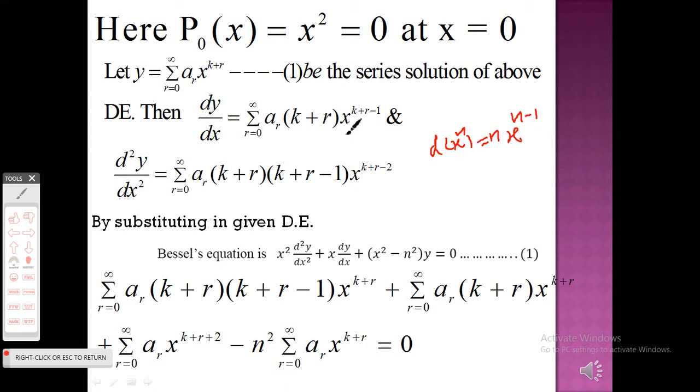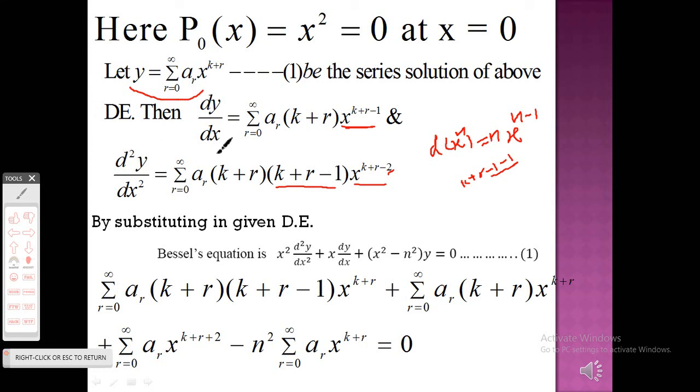So here, x to the power k plus r minus 1 gives k plus r minus 1 into x to the power k plus r minus 1 minus 1, that is x to the power k plus r minus 2.